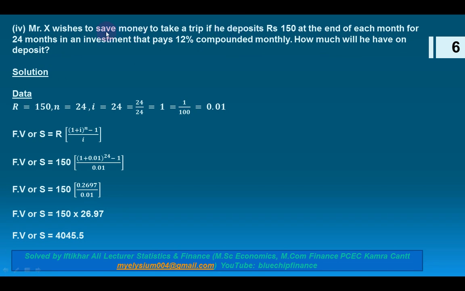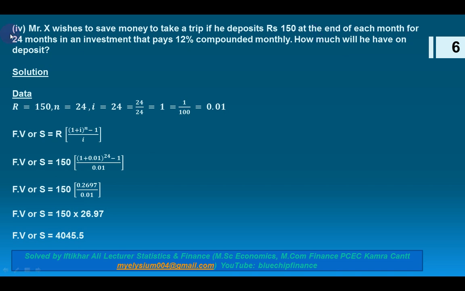So it is given in the question that Mr. X wishes to save money to take a trip if he deposits rupees 150 at the end of each month. So it is the case of annuity. At the end of each month, so it means that it is the case of ordinary annuity, because in ordinary annuity, deposits are made at the end of each period.